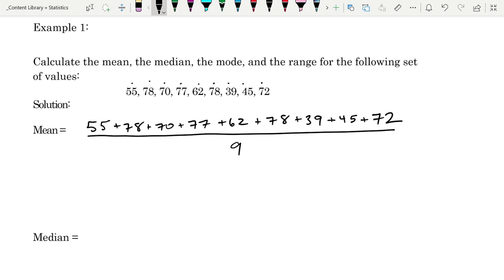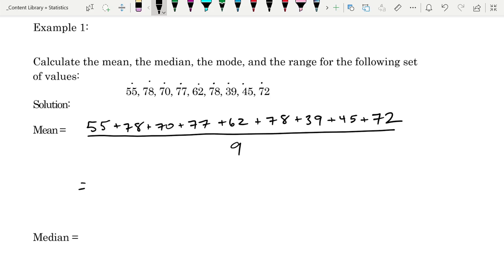I'm going to have to use my calculator for that. So 55 plus 78 plus 70 plus 77 plus 62 plus 78 plus 39 plus 45 plus 72.